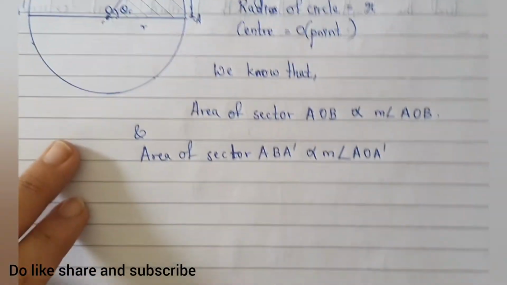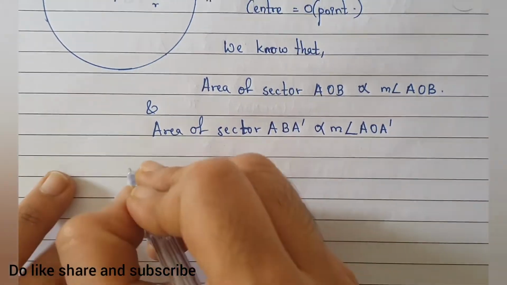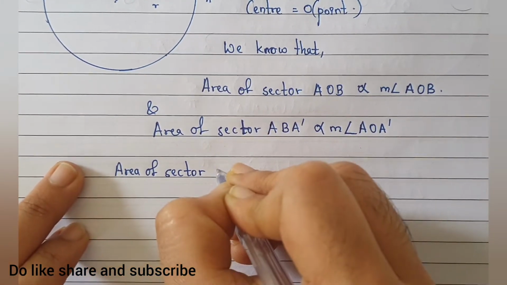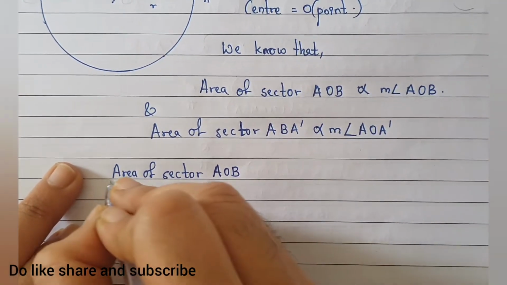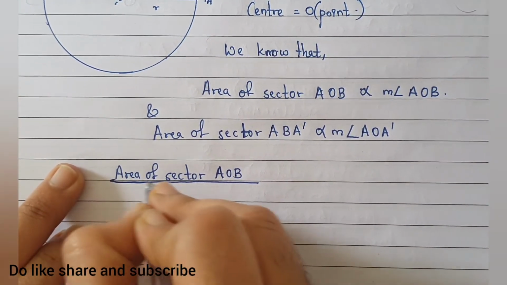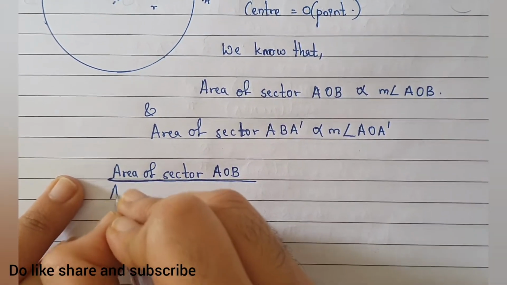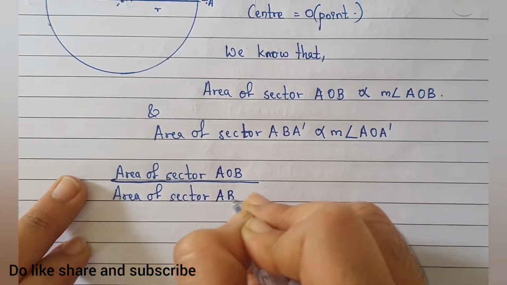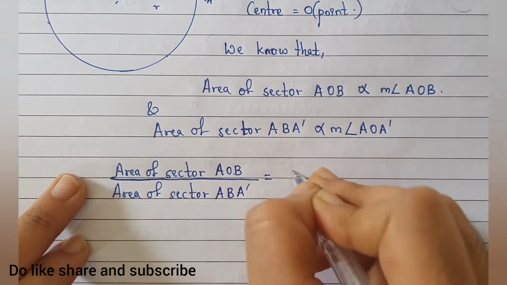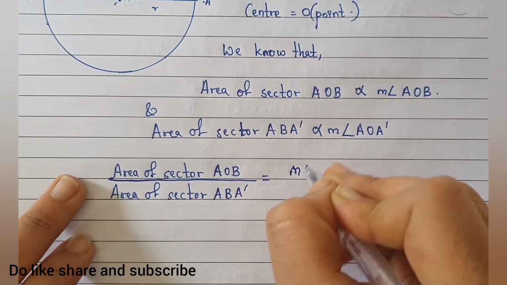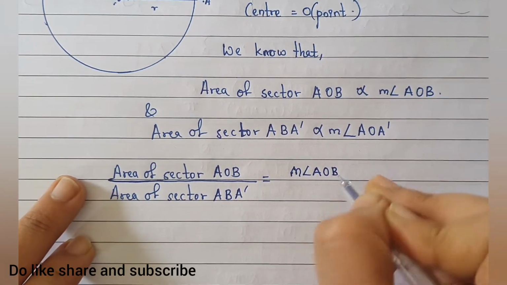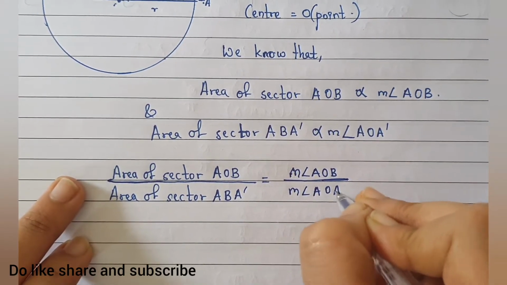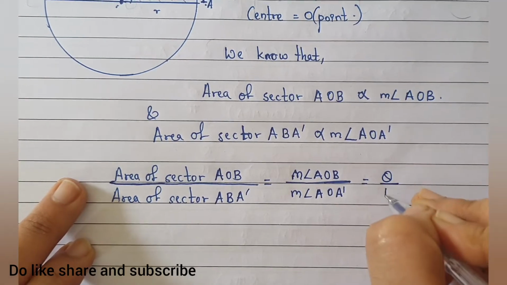So we write here area of sector AOB to that of area of sector AB A dash is equal to measure of angle AOB to that of measure of angle AOA dash, that is equal to theta by pi.